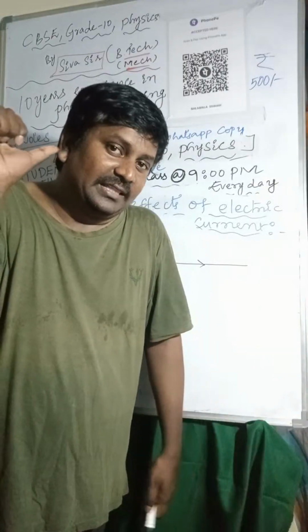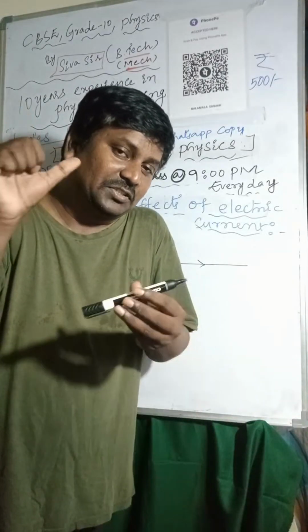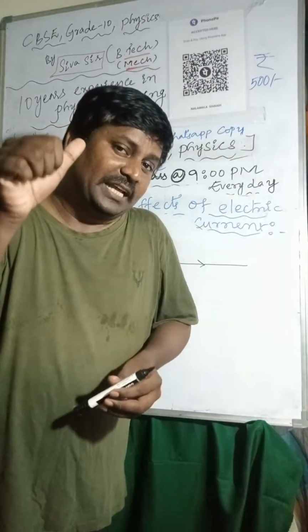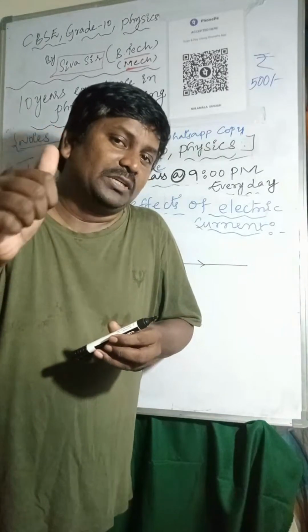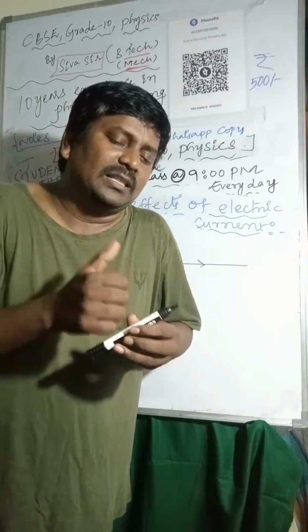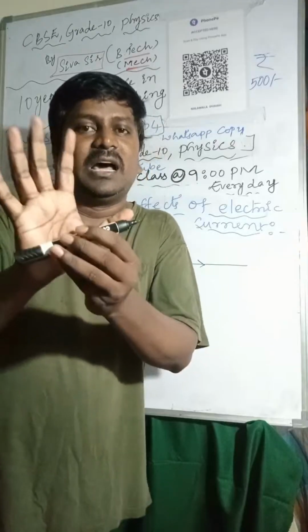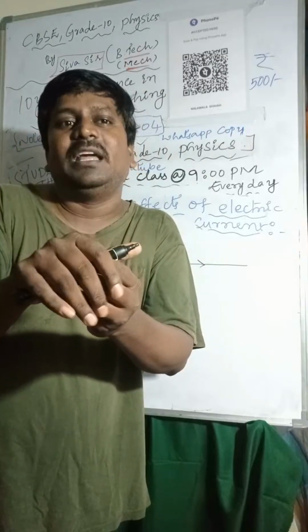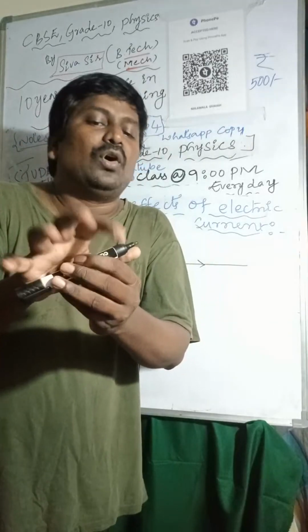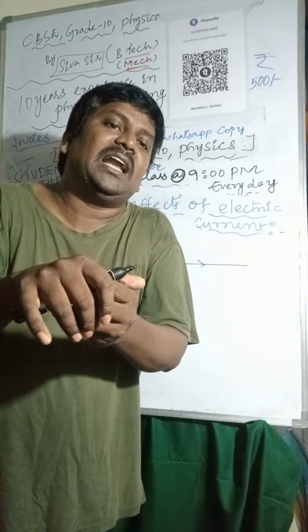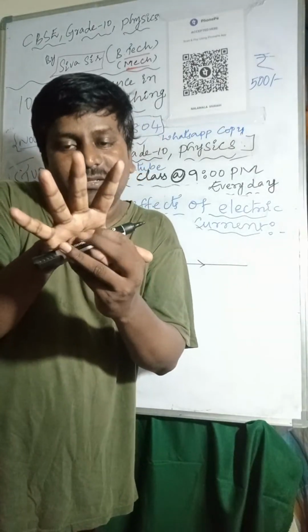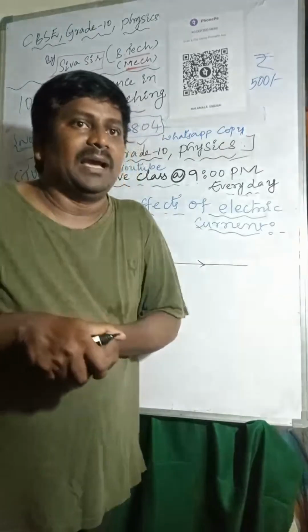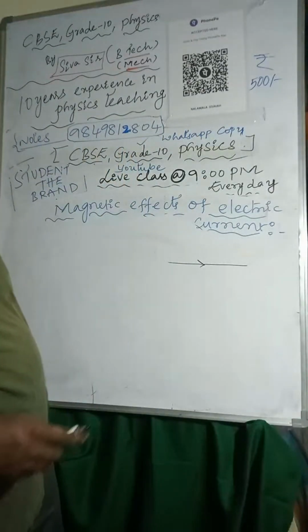If you take the thumb along the direction of current, the curly fingers show the magnetic field. So the magnetic field will be along this direction.